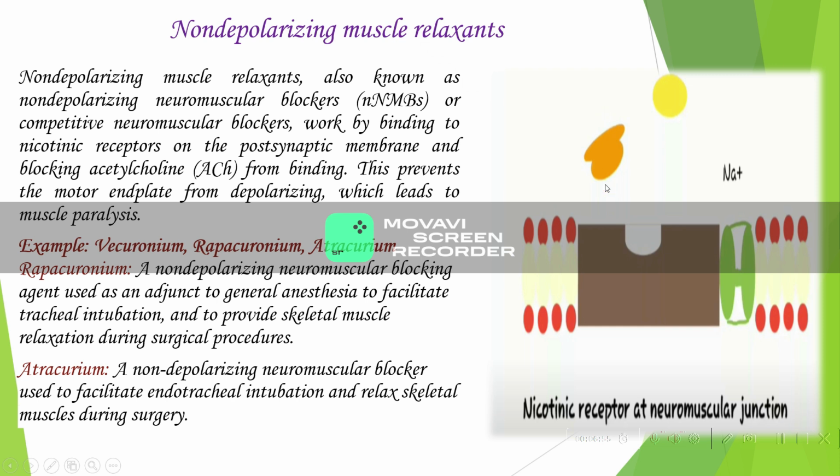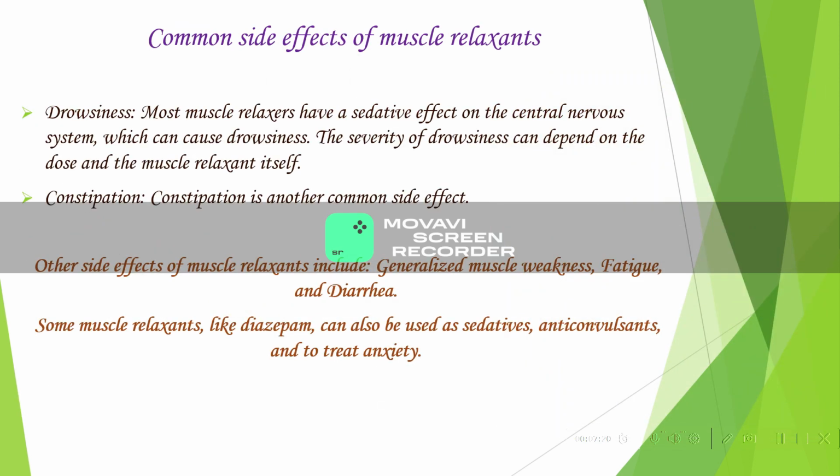This means the blocking agent is the antagonist of acetylcholine. The nicotinic receptors are already occupied, so acetylcholine cannot bind to them, and our skeletal muscle is relaxed. So these are the two types of muscle relaxant drugs, depolarizing and non-depolarizing muscle relaxants, and their mechanism of action. Thank you so much.